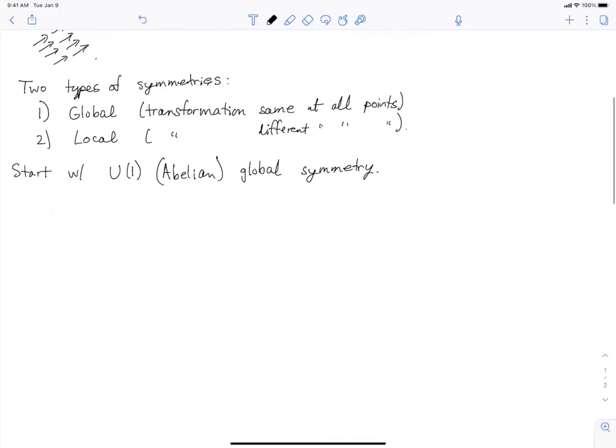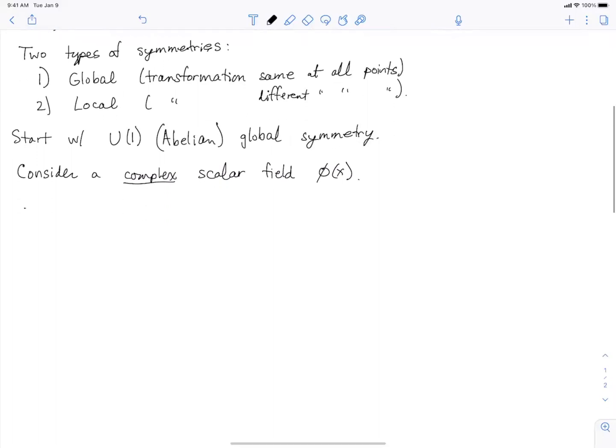So to give an example of a theory that has such a symmetry, let's consider a complex scalar field, which I'm going to call phi. So phi depends on position in four-dimensional spacetime.